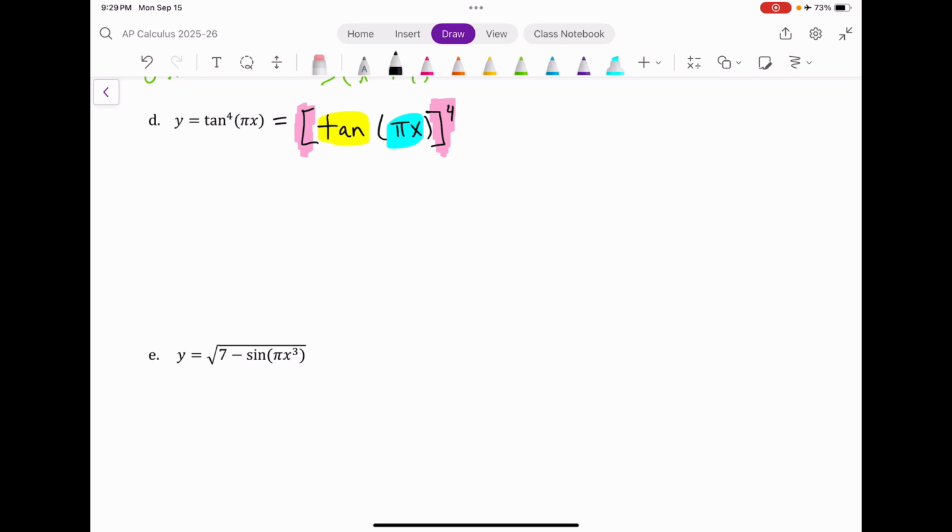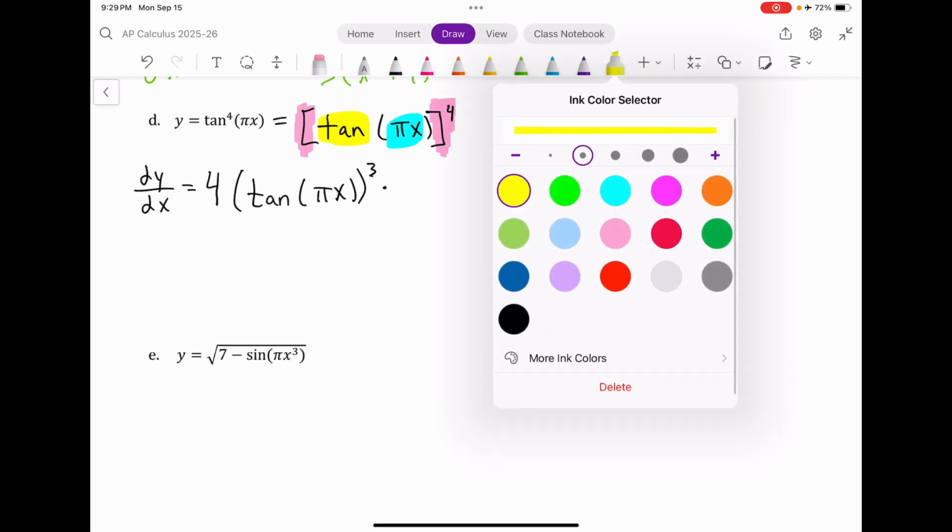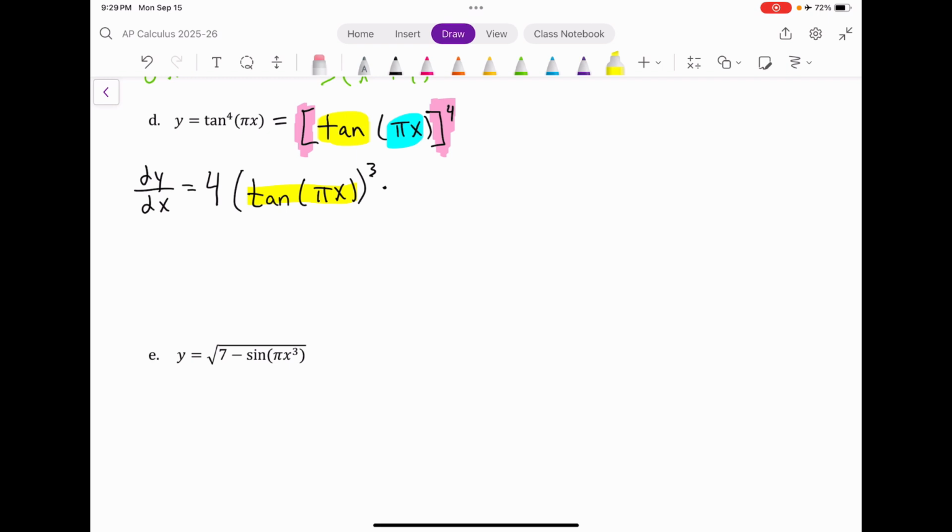Okay, so let's do this. So dy dx would equal, right? So the derivative of the outside function, 4, gets moved to the front, of tangent of pi x, right, to the 3rd power, right, times the derivative of tangent, which is secant squared of pi x, right, and then times the derivative of the inner function pi x, which is just pi.